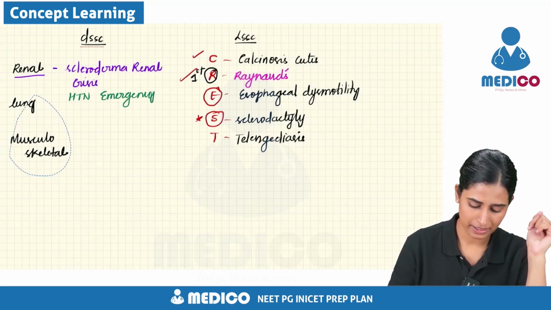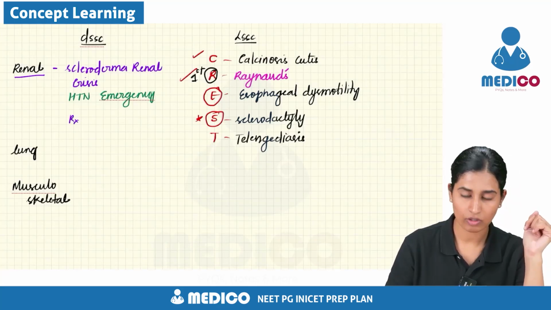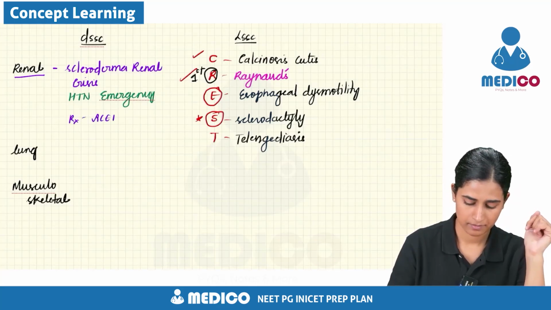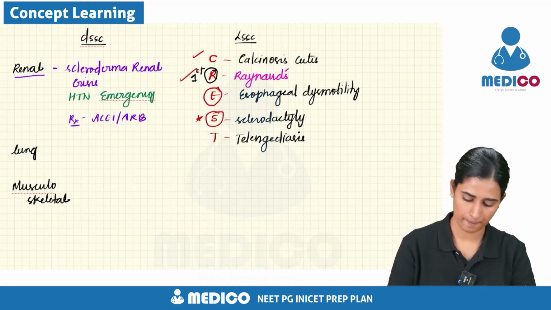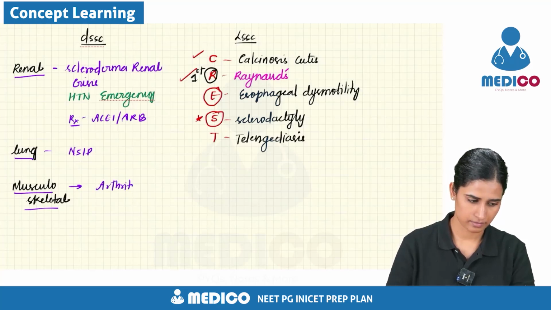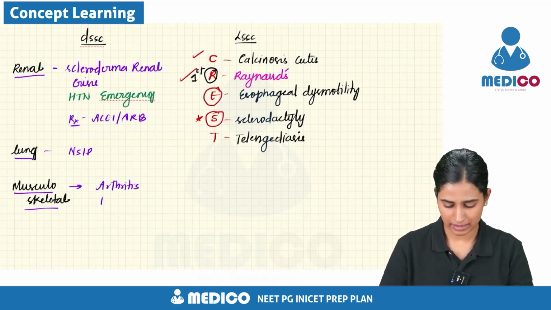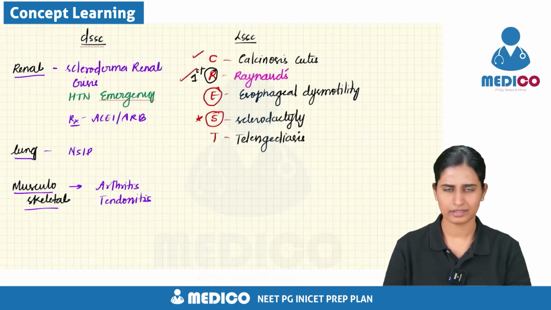So mostly hypertensive. If you give an ACE inhibitor or ARB, that is fine. That is the only management of scleroderma renal crisis. Next, coming to lung, it is NSIP pattern, and coming to musculoskeletal, it is arthritis, and other tendon problems, tendinitis.